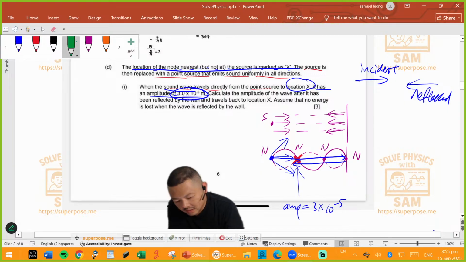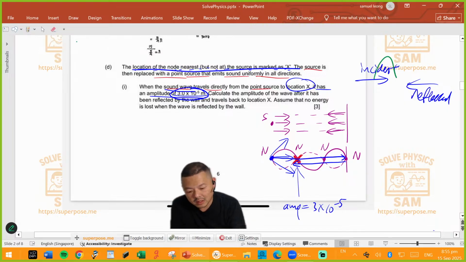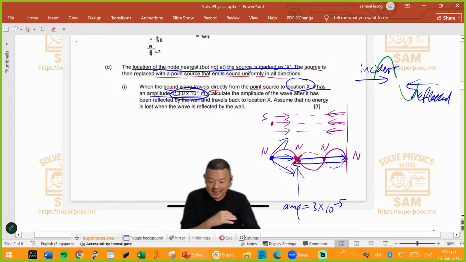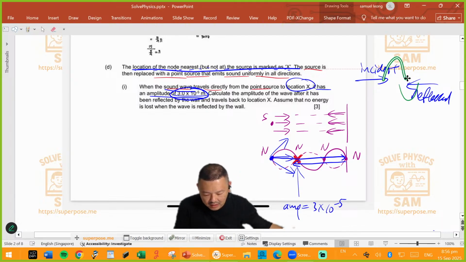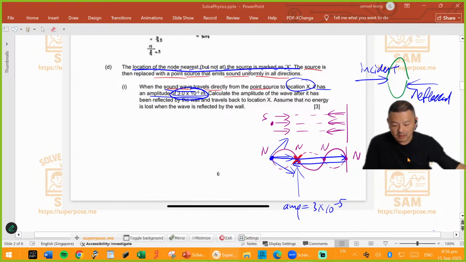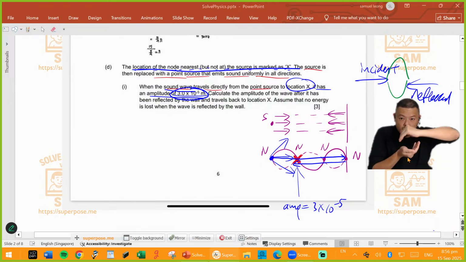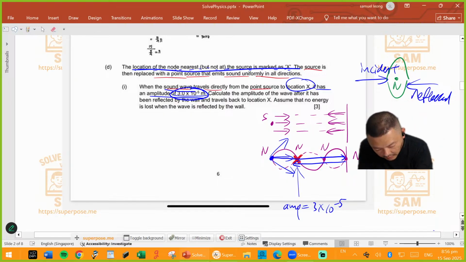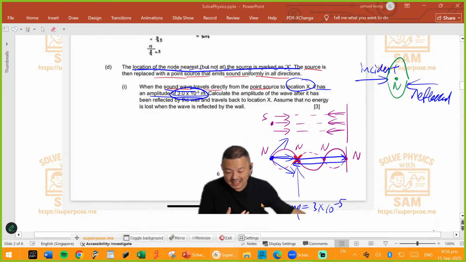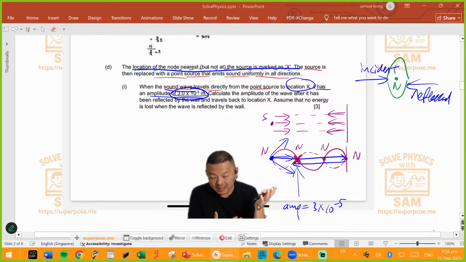Because the incident wave has a certain amplitude, the reflected wave has a certain amplitude, and they meet at that point and completely cancel out, assuming the same amplitude. In ideal situations they cancel each other out like this, a nice flat node right there. Okay, right? I suspect this is what's gonna happen. They're gonna ask you to suggest why the node is not completely zero, but it's okay. We'll wait for that later.